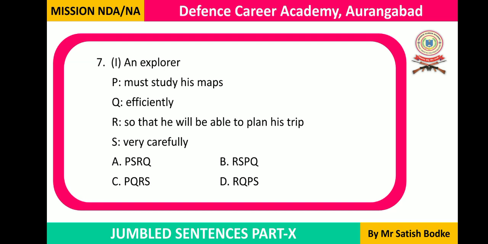P is followed by S. Then so that he will be able to plan his trip efficiently. After PS, RQ follow. So PSRQ is the correct sequence, and PSRQ is option A. That's why our answer is option A, PSRQ. That's all about question number 7.